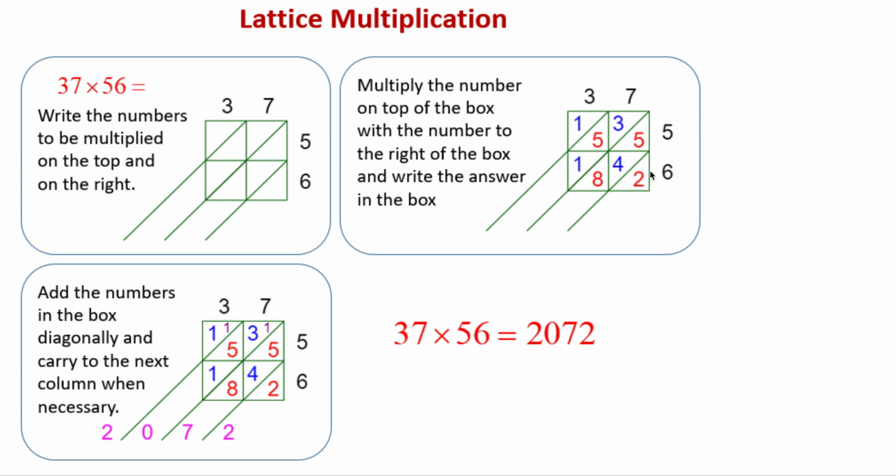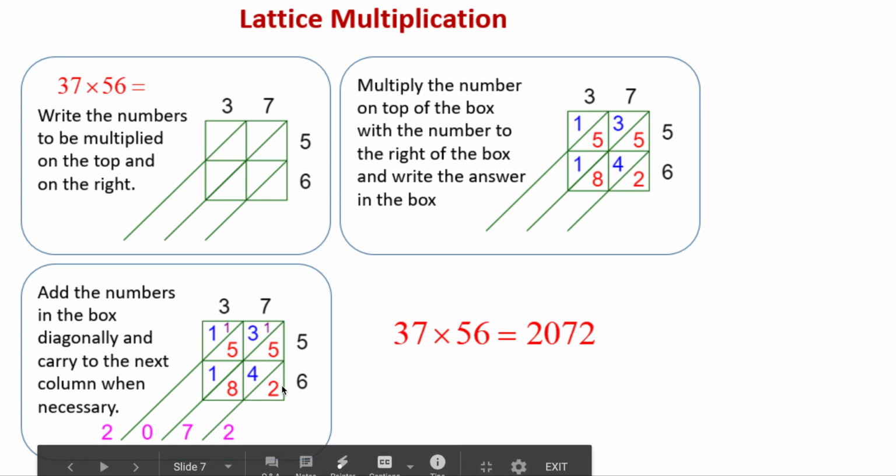Then what you need to do is you're just gonna add in diagonal. So 2, there's nothing but 2, right? So you add them. 2 and 5, 4, 8, all together, it's 17. 4 and 8 is 12, plus 5 is 17. So put only one single digit and carry over the tens digit.